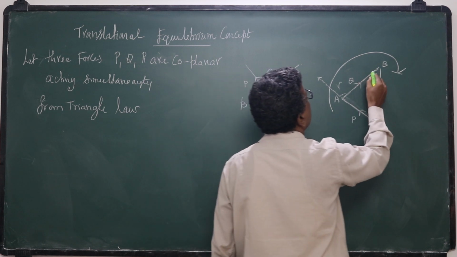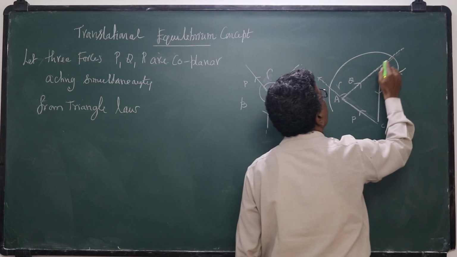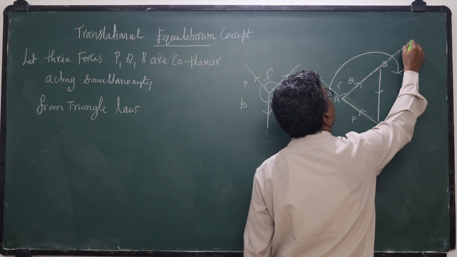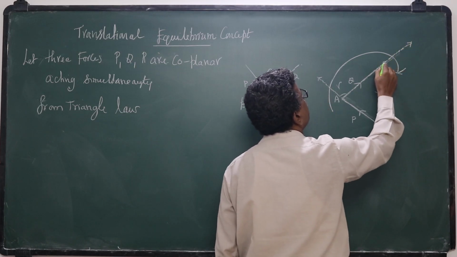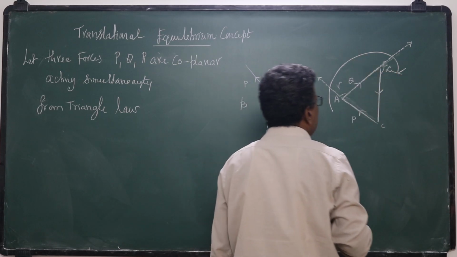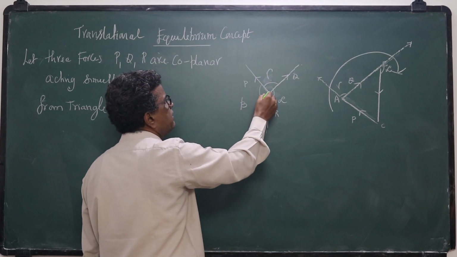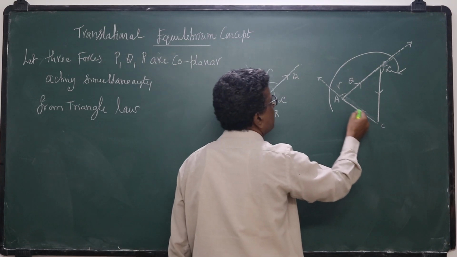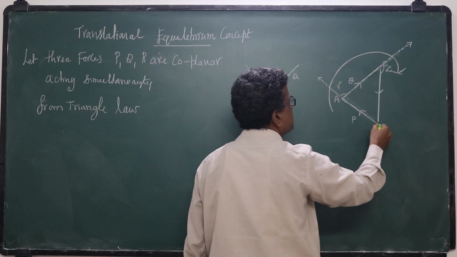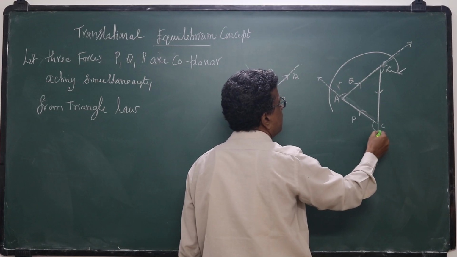Okay, angle between Q and R. Q is here, R is here. I will extend this Q. This will become alpha. Angle between P and R: I will extend R, so this angle is taken.